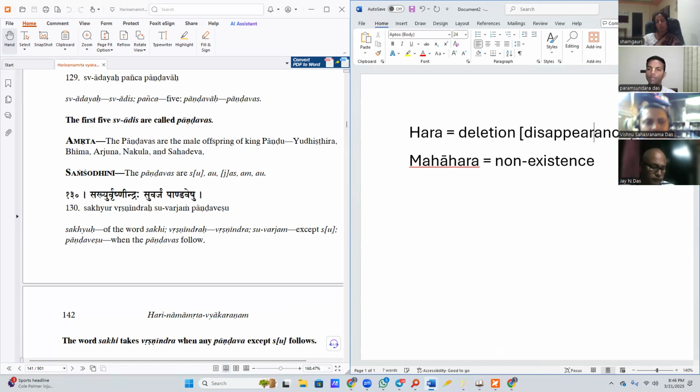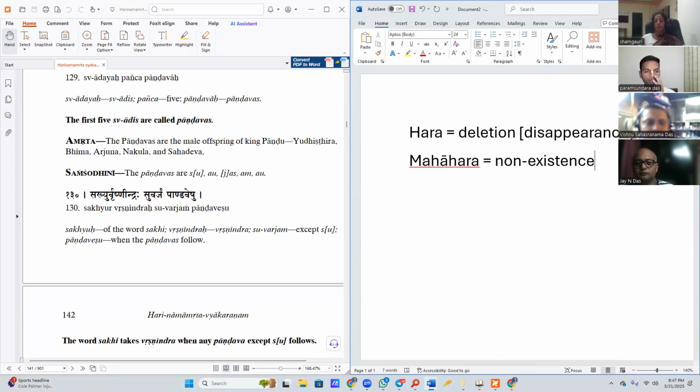So when something is deleted, the existence is still there, it is just not in front of us. So the traces of that disappeared thing are still there. But if something is non-existing, then it's completely gone. No more traces or nothing. So this is literally the difference between Hara and Mahahara.